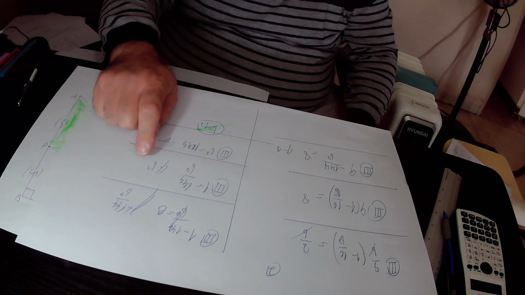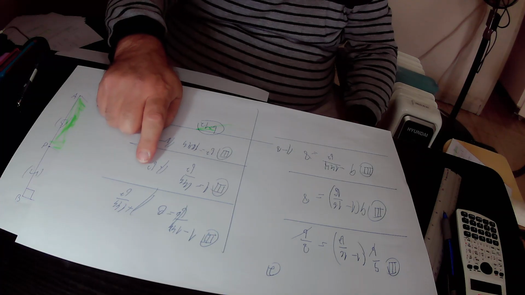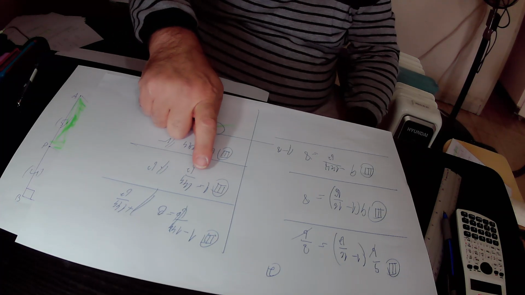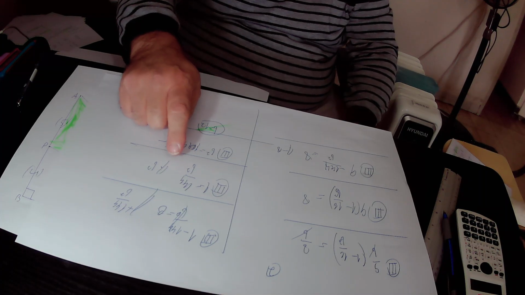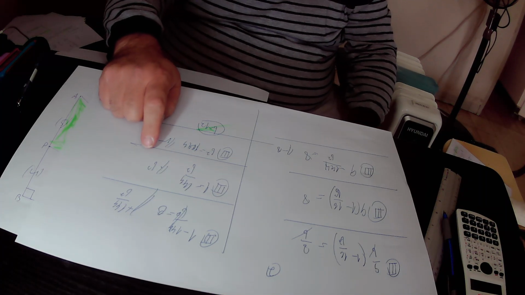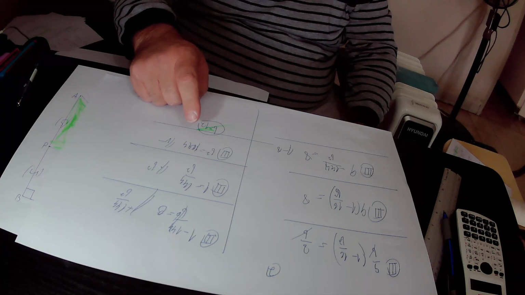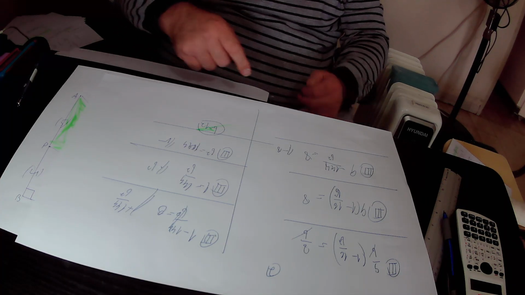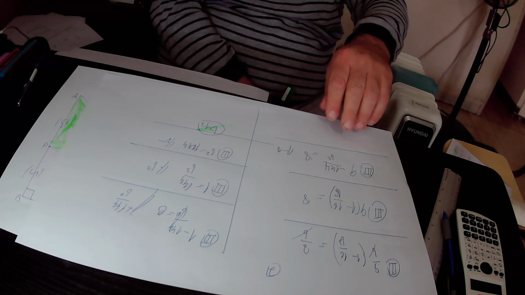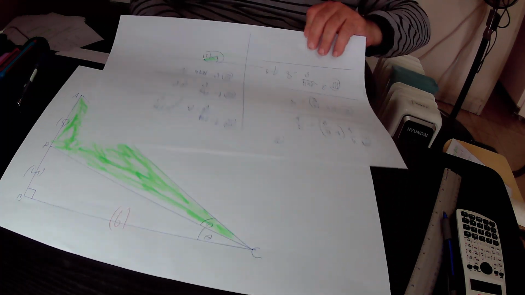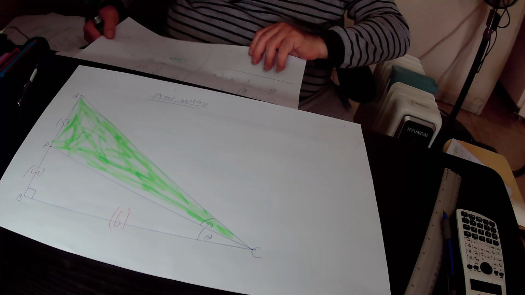So we added 144 over b square to both sides. Here we are left only with 1, and on the other side we have 144 over b square. Here we multiply by b square, and find out that b square equals 144. So b equals the square root of 144, that is 12. So b equals 12 units in length.